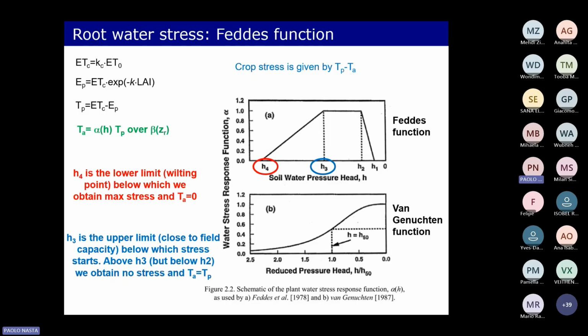These values and also the H1 and the H2 are given as tabulated values in Hydrus 1D depending on the specific crops, either if they are annual crops or even for some trees like lemon trees, as we'll see later on. There is also the option of using the van Genuchten function instead of the Feddes function, but in this specific exercise, we are going to use the Feddes function.